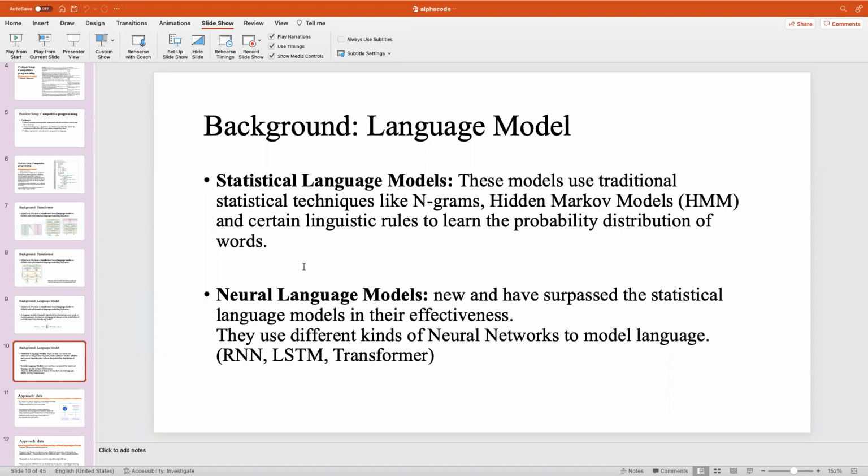And recently, the most popular language models right now are the neural ones, and they have surpassed the statistical language models in effectiveness. There are different kinds of neural language models, including RNN, LSTM, and transformers.